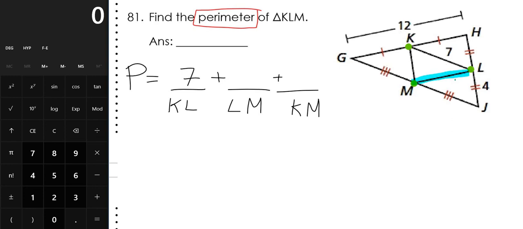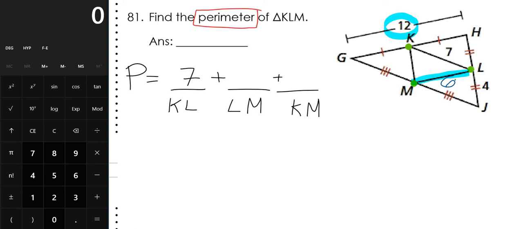Mid-segments are parallel to the base, so ML will be parallel to GH, and mid-segments are half the length of the base they're parallel to. So if my mid-segment is ML, and it's parallel to this length of 12, then I have half of that length as 6, and that's the length of my mid-segment. So half of 12 is 6, and that's going to be the length of ML.